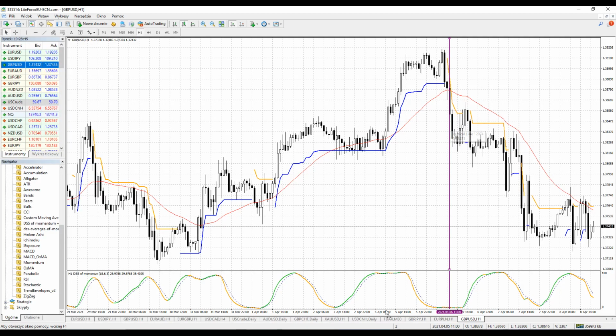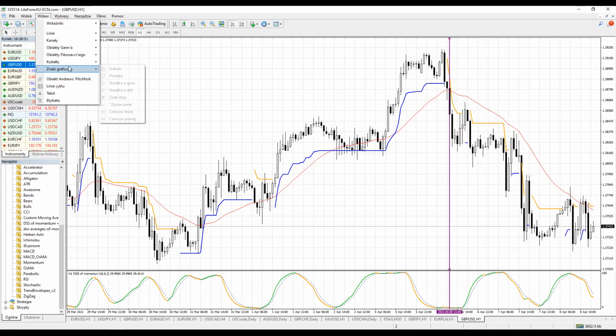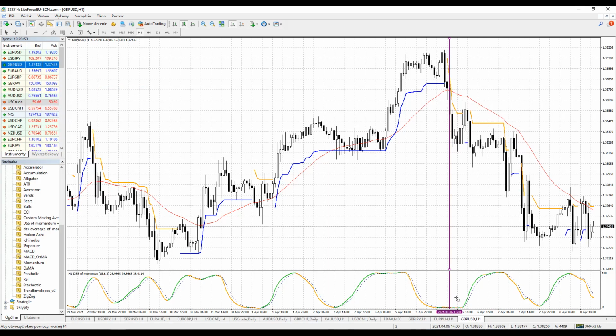But again, we didn't get the confirmation when it comes to the DSS of Momentum. So this particular setup would probably be best to avoid. All right, so let's move forward.